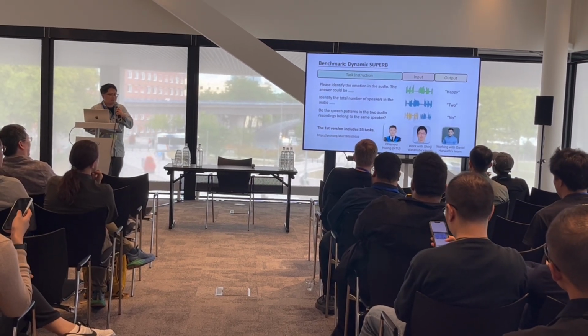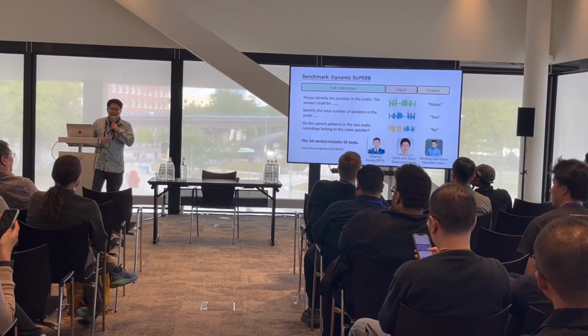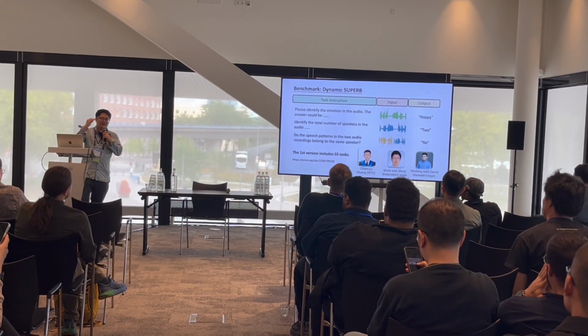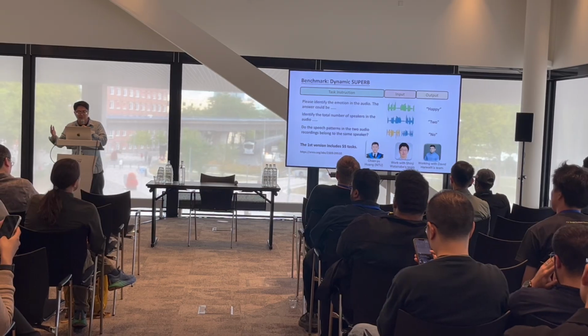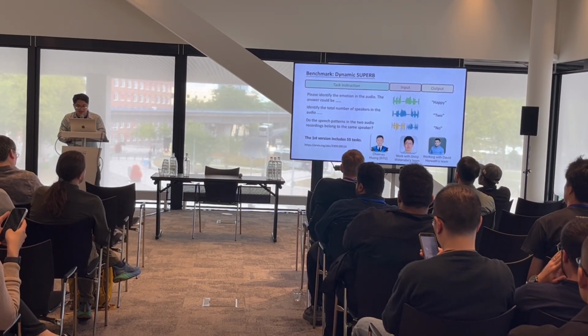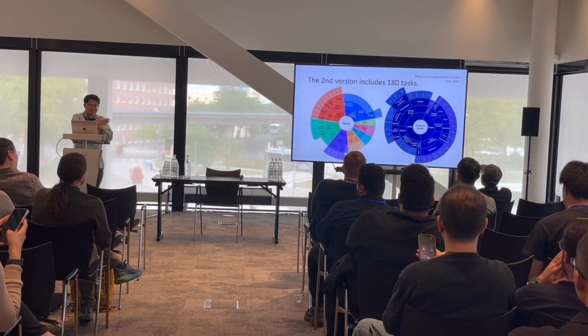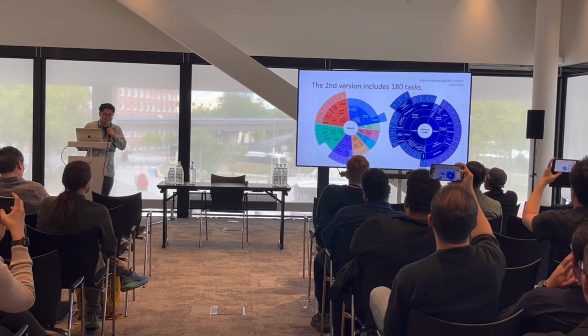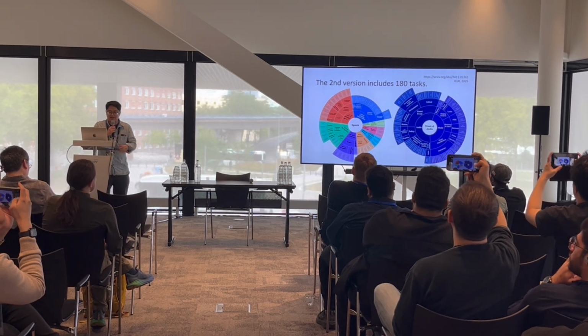In Dynamic-SUPERB, for each testing example, we have a text instruction, an utterance, and the ground truth. In the first phase, we collected more than 55 tasks, and now the second phase is online. If you are working on spoken language models, you are welcome to use the second version of Dynamic-SUPERB.